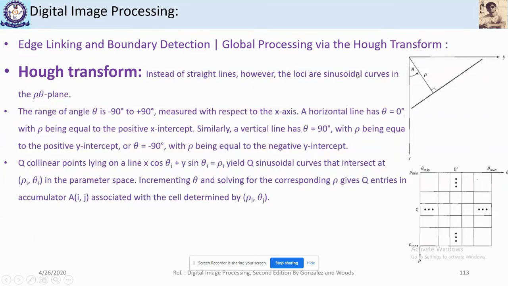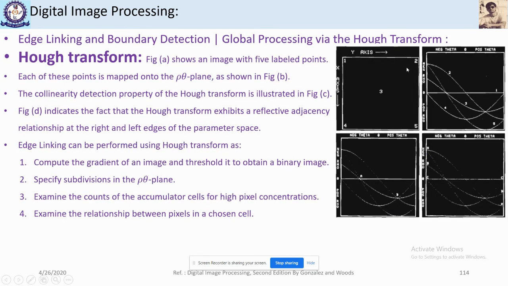Rho is the distance of that point from the origin. So that is equal to 0 in the case if the line itself is passing from the origin. So in that case rho is 0, and theta will be the whole range from minus 90 degree to plus 90 degree.